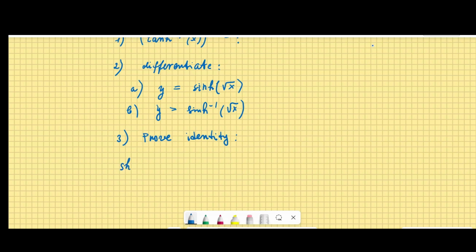But you understand that S is actually sine hyperbolic, and when it starts with C, it's a cosine hyperbolic. Sorry, to make it look shorter.